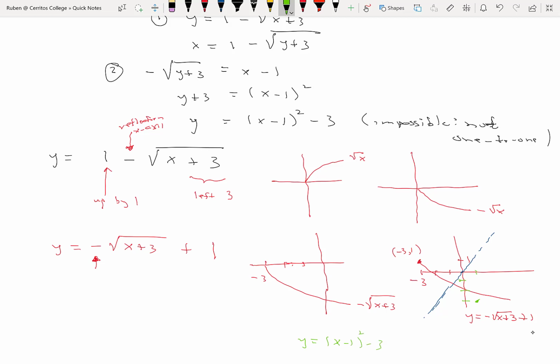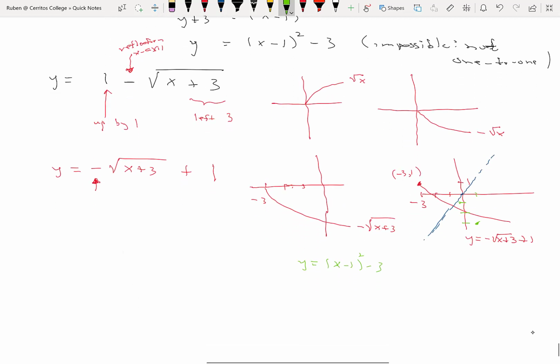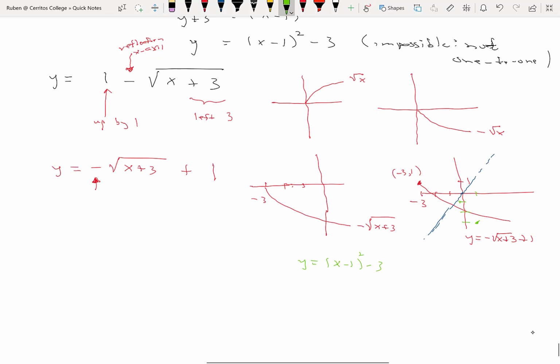What does that look like? I'm not going to go through all the transformations. It's a parabola with a vertex at 1, negative 3. Well, there's its vertex graphed in green. It opens up. So if I were to graph it, it's going to look like this. Okay, so there's the graph of this purported inverse.